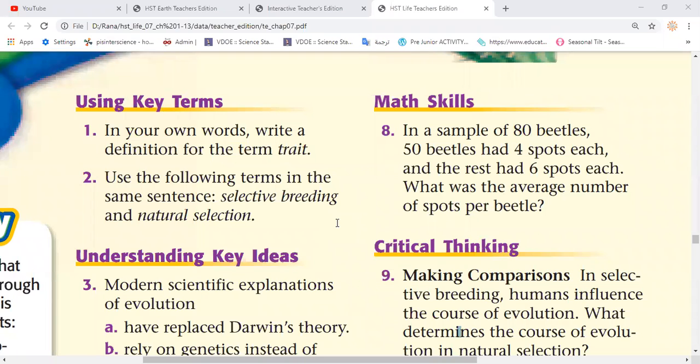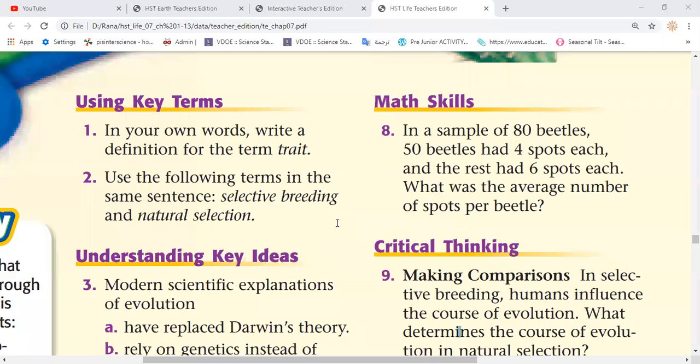Good, okay. So we can say that selective breeding is a man-made or an artificial way of breeding, while natural selection is a natural process, okay? That's good. Or we can say that selective breeding is a process to select passing of certain traits within generations, while natural selection is a natural process which picks certain traits to pass within generations.